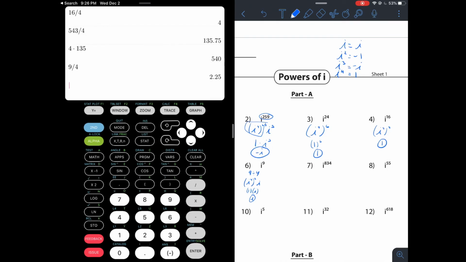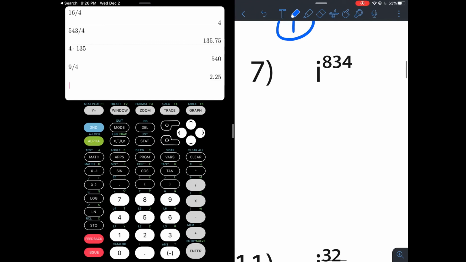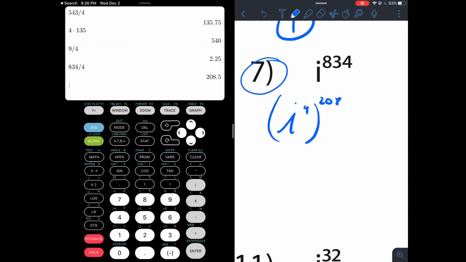So let's go ahead. I want you to try some. This one looks scary, but you can do it. See if you can simplify i to the power of 834. So we're going to do 834 divided by 4, which gives us 208. So we're going to do i to the power of 4 raised to the power of 208. 208 times 4 gets us to 832.